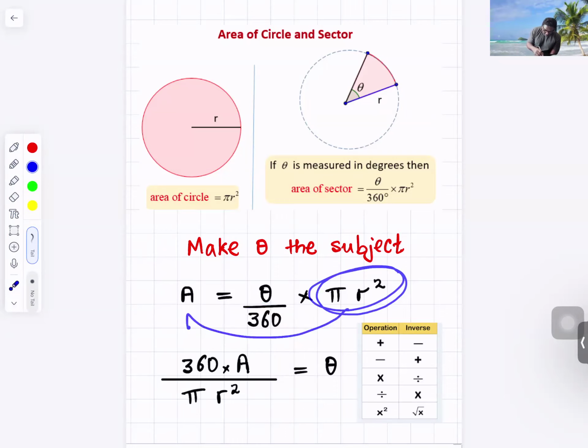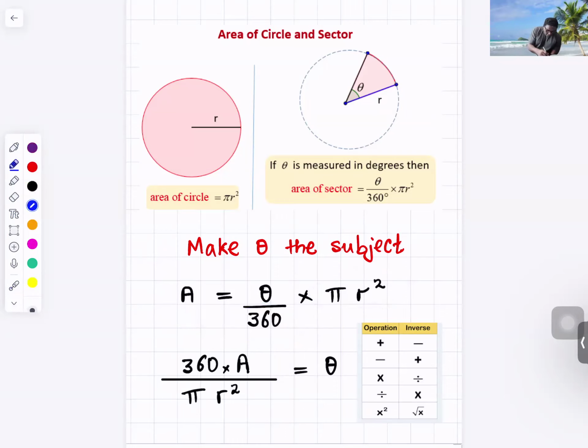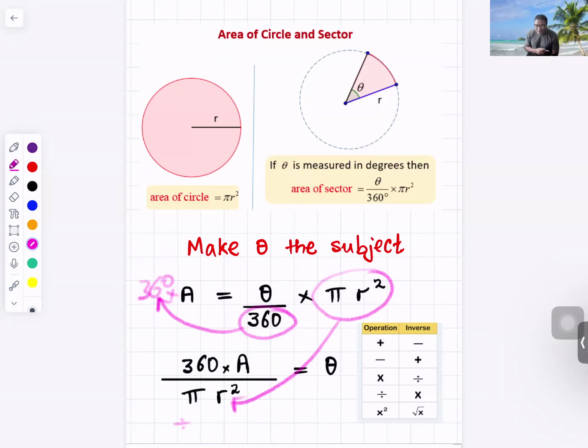If we take it to the left, it becomes divide by pi radius squared. So we take 360 to the right, it becomes times 360. And then we take pi radius squared to the left, it becomes divide by pi radius squared. So you're left with theta. That's how you make theta the subject of a formula. We're going to use that for this question.